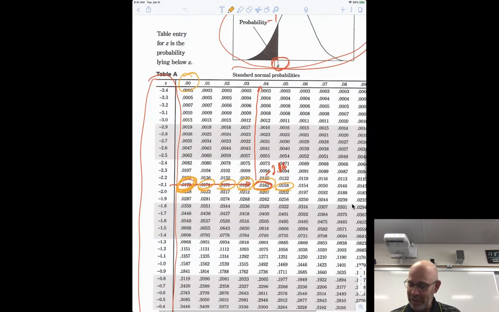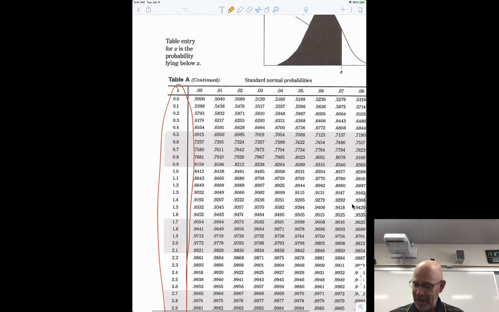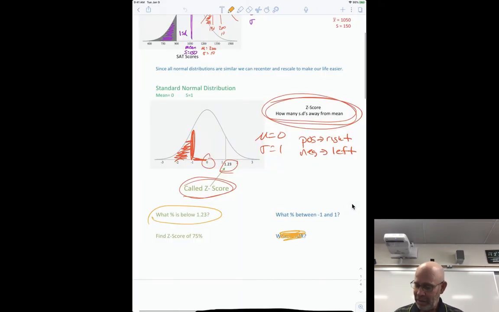Sorry about this, I have to bounce back and forth. There's my 1.2, there's the 1.23: 89.07%. So we go back here, and this is 89.07%.